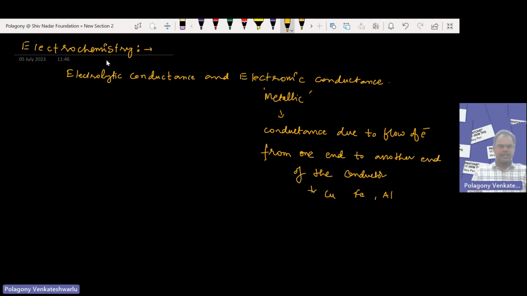There is another terminology, electrolytic conductance, which is otherwise called ionic conductance.